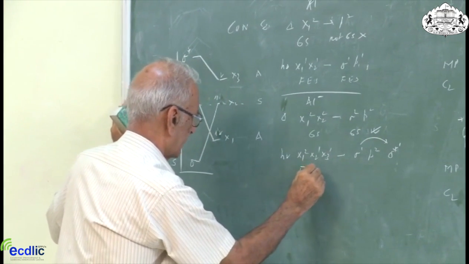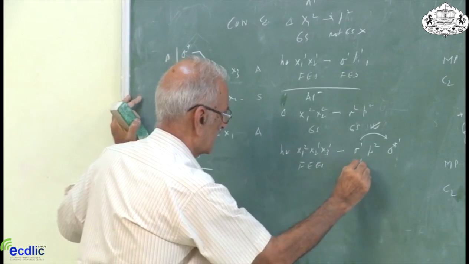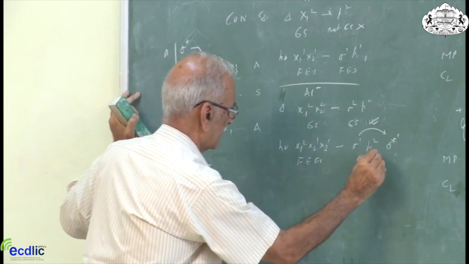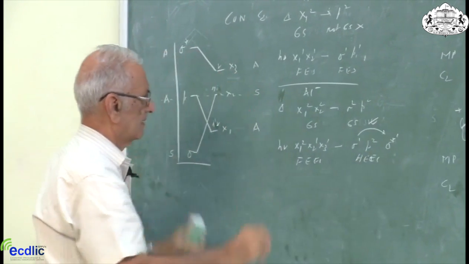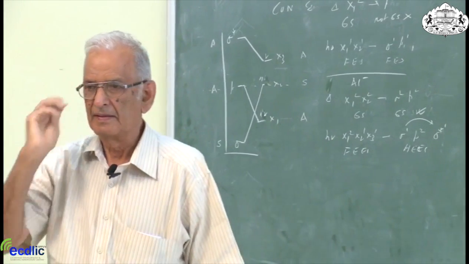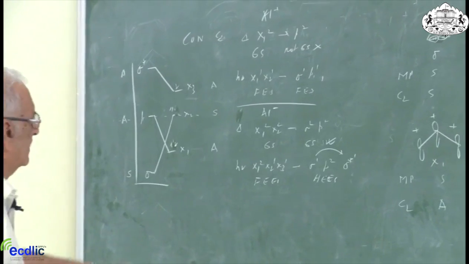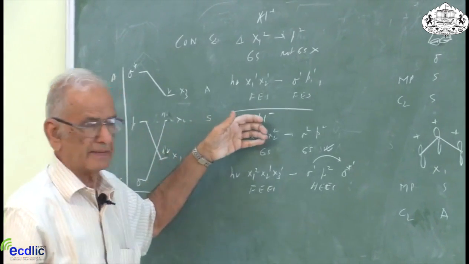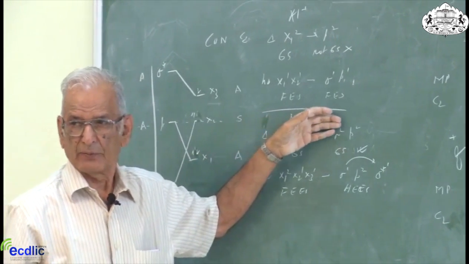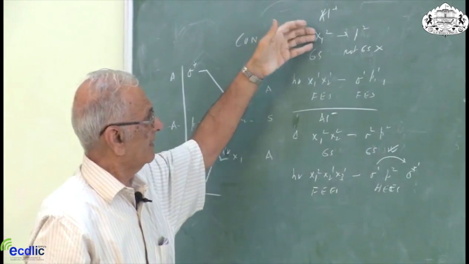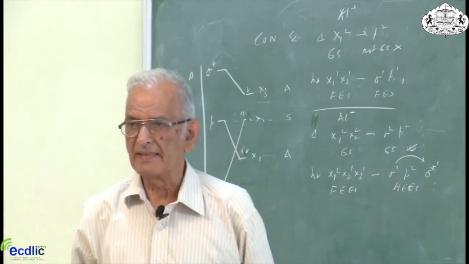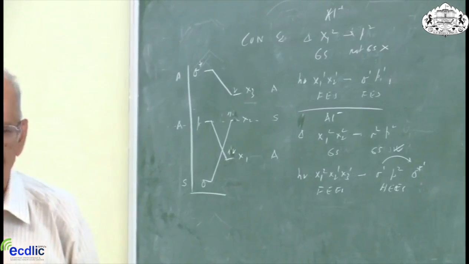So, first excited state gives a high energy excited state. Oh, as the rules predicted, allyl anion conrotatory is allowed. Allyl cation photochemical is allowed. So, rules are followed.